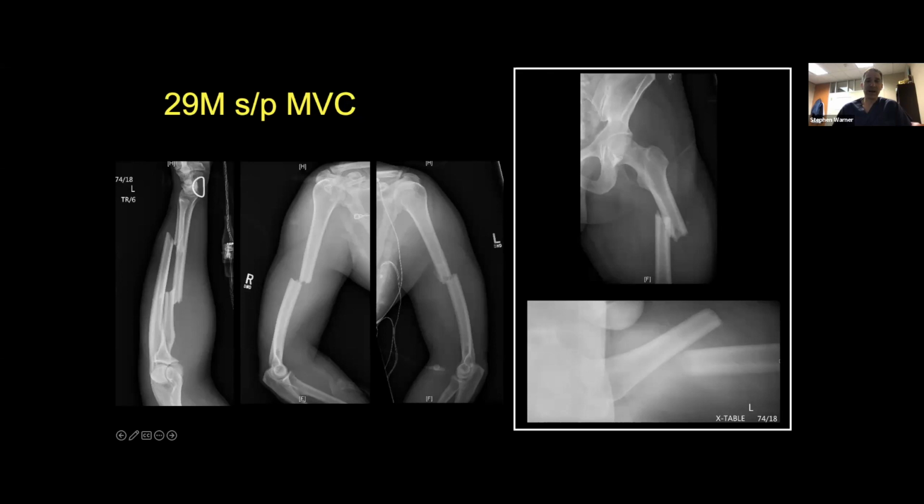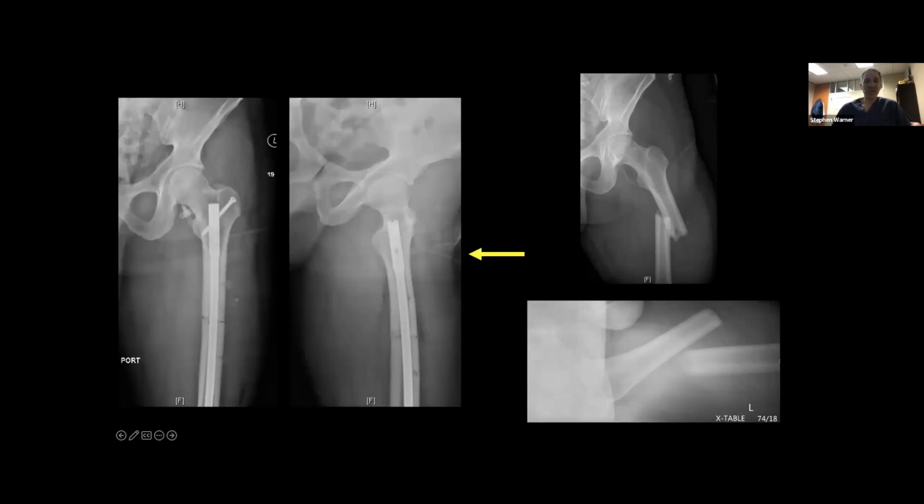Oftentimes we will be salivating over these serrated transverse diaphyseal femur fractures because they are certainly a fun case to do. So this is a surgery that was done, piriformis entry, antegrade femoral nailing, locked proximally and distally.